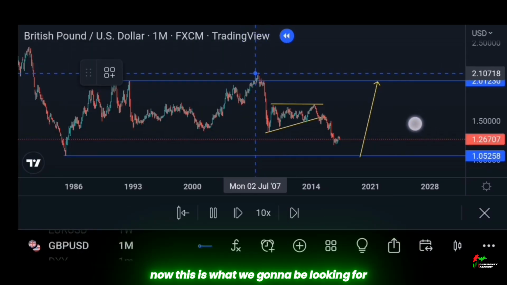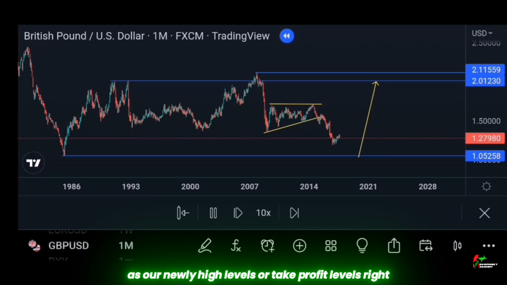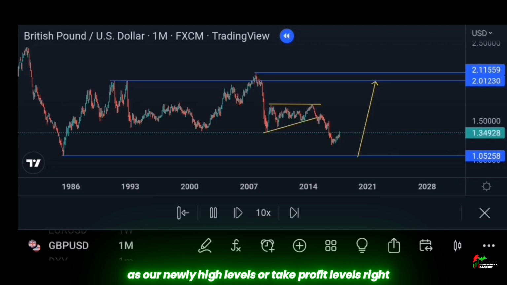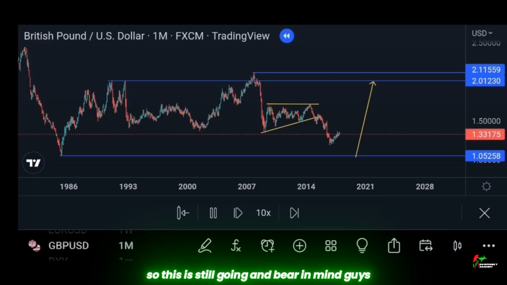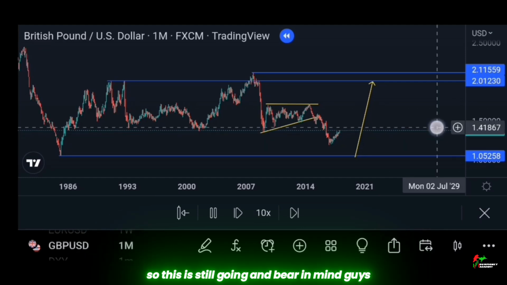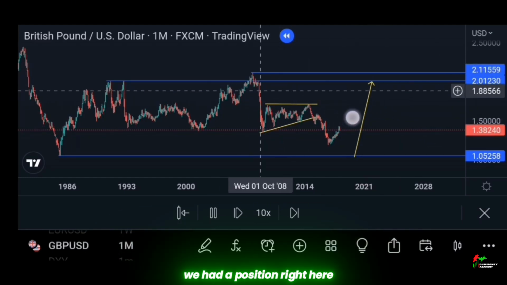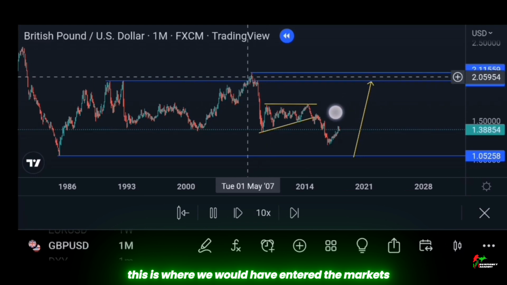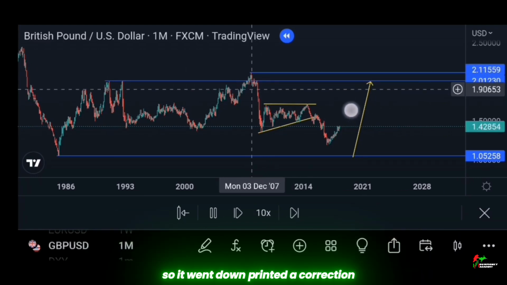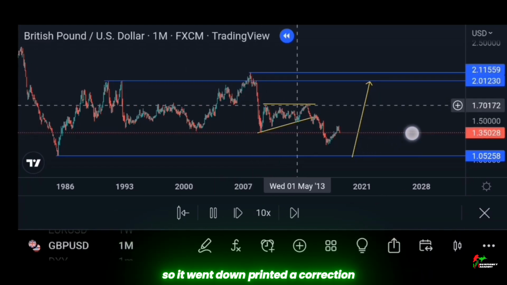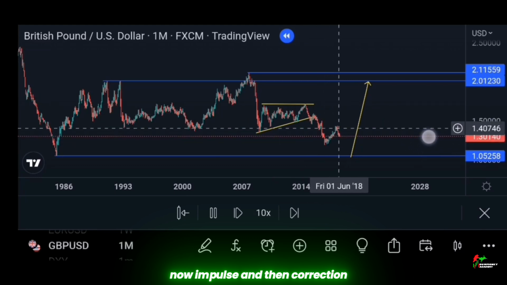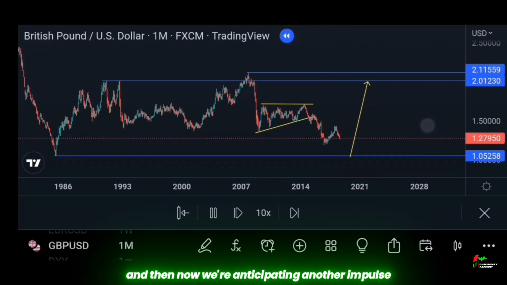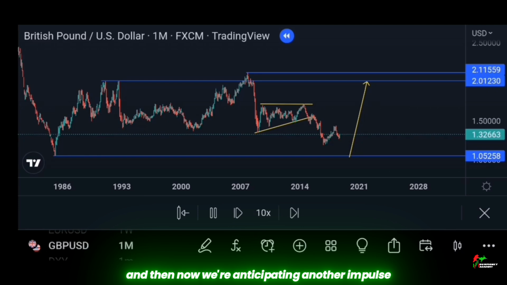This is what we're going to be looking for as our new high levels or take profit levels, right? So this is still going, and bear in mind guys, we had a position right here. This is where we would have entered the markets. So it went down, printed a correction, now impulse, and then correction, and now we're anticipating another impulse.